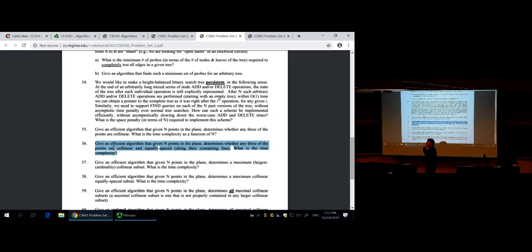Okay, so he's saying find the segments connecting pairs, just like we did with the previous problem. And then I suppose sort them by distance. Yeah, you can sort them, and then you just find the pairs of points with the very same distance. And if they are collinear, they're going to have one point in common and the same slope.